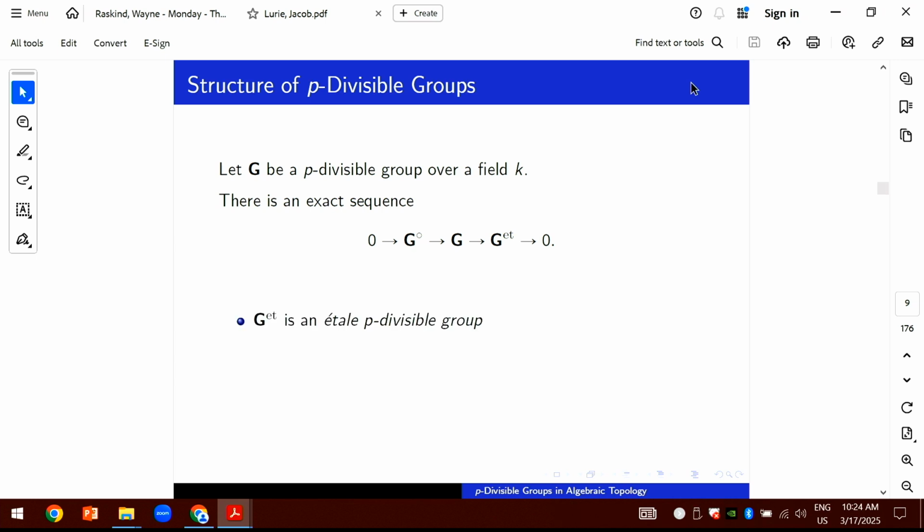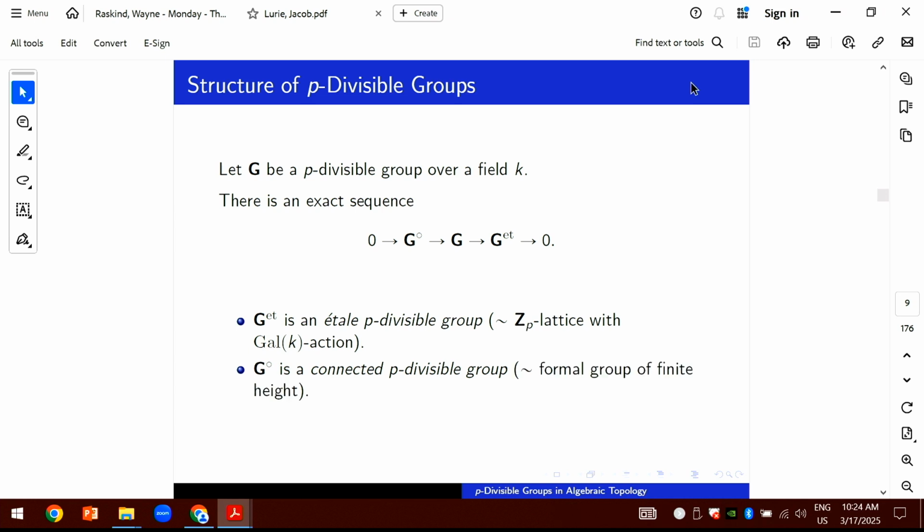Here, the étale part is something that you can think of as a lattice with an action of the Galois group. And the infinitesimal part is something that you can think about in terms of formal groups. Unless the characteristic of k is equal to p, this is not interesting. If k has characteristic different from p, the connected part is always trivial.